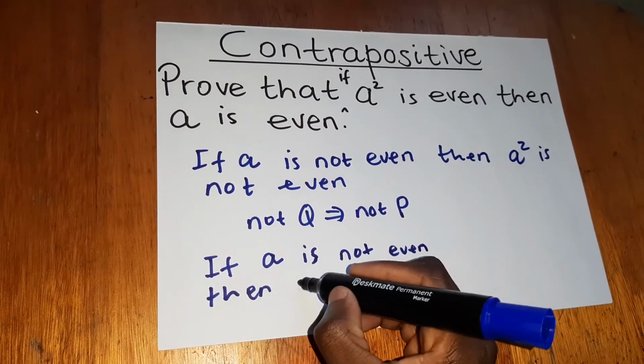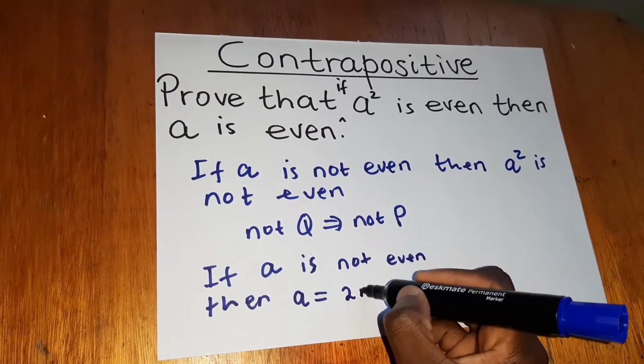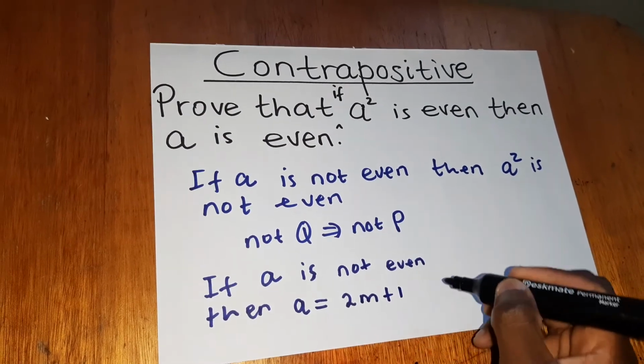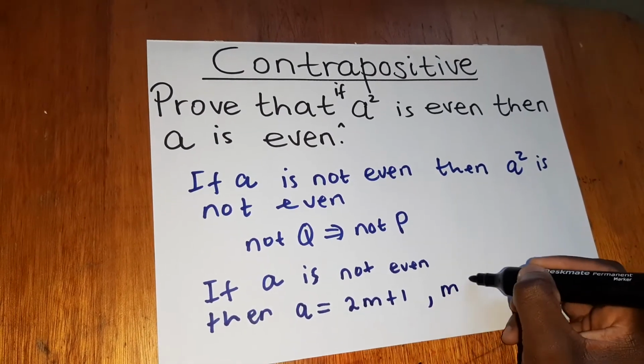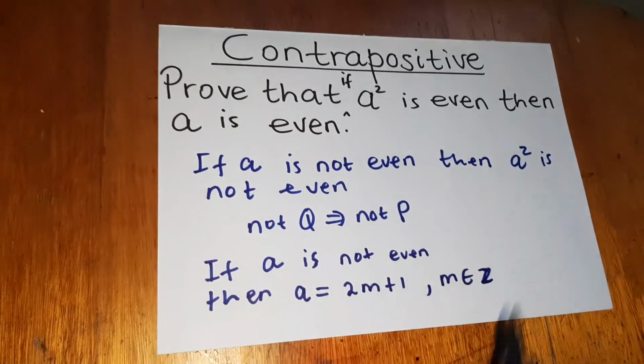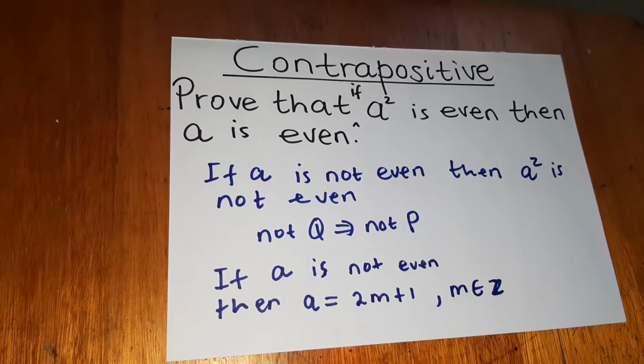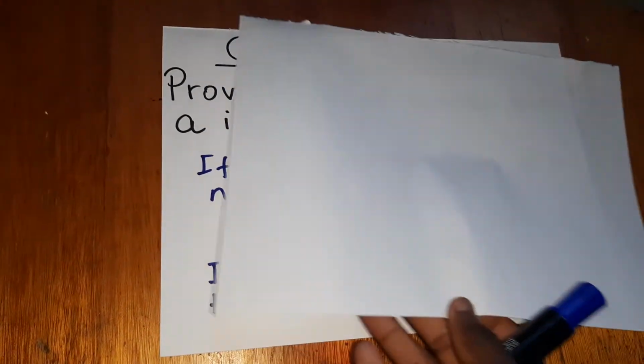So then A is equal to 2m plus 1, where m is an element of integers. Now this is what we have. Then from here, what do we say?